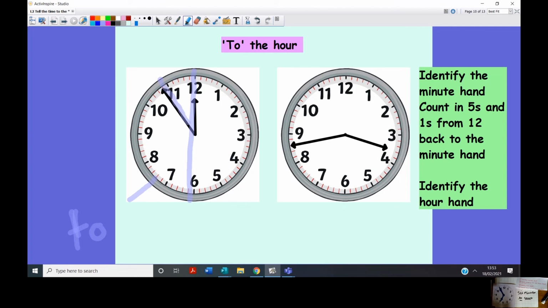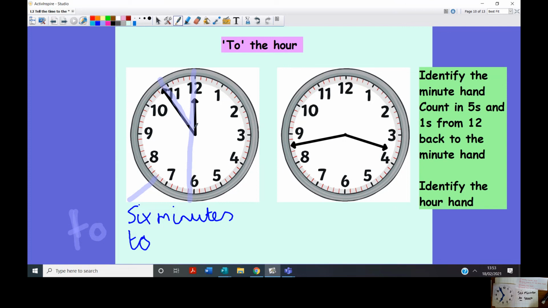Count back from the number 12 in fives. So 5. Then we count back a 1. So it's going to be 6 minutes to the next hour.